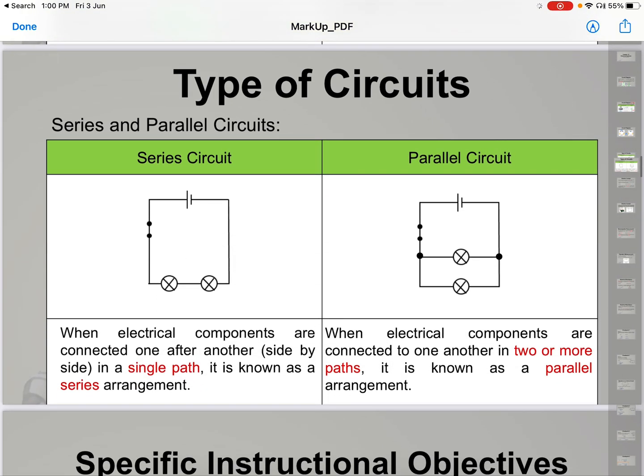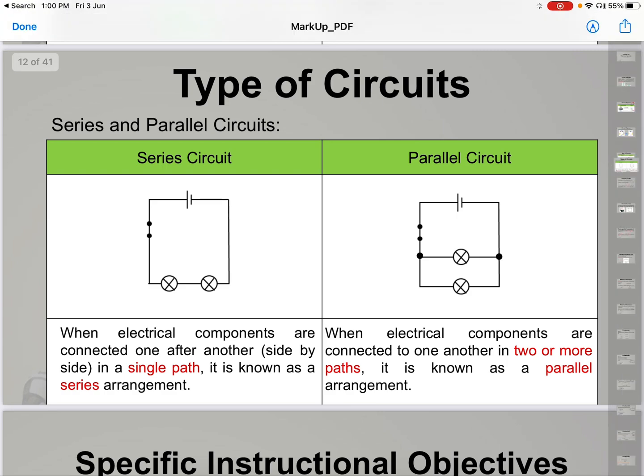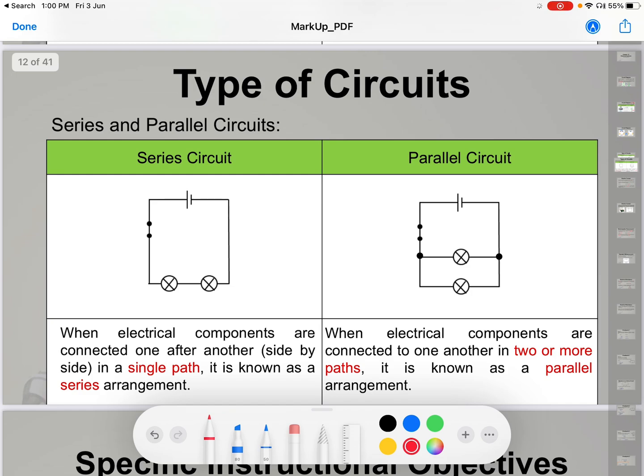Now the second type of circuits that we need to be aware of is either series or parallel. Take for example your classroom light. The fact that you can control rows of lights with a single switch, and not just one single switch to control every light in the classroom, means that it is a parallel circuit.